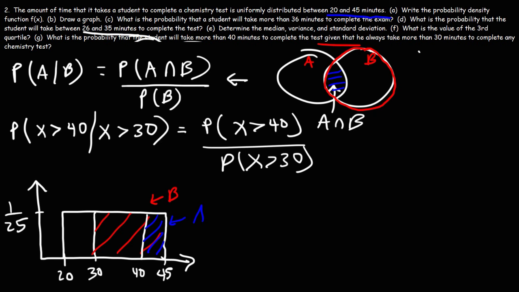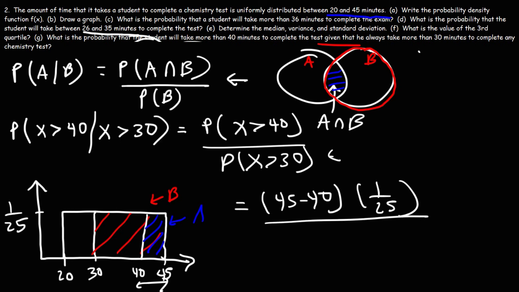So now the probability that x is greater than 40, that's going to be the area of the rectangle highlighted in blue. So the base of that rectangle is 45 minus 40 times the height, which is 1 over 25. Now, for this one, the probability where x is greater than 30, the base of that rectangle is from 30 to 45, and the height is the same.